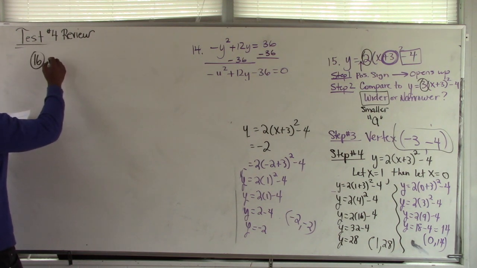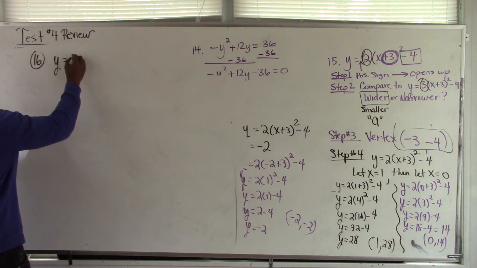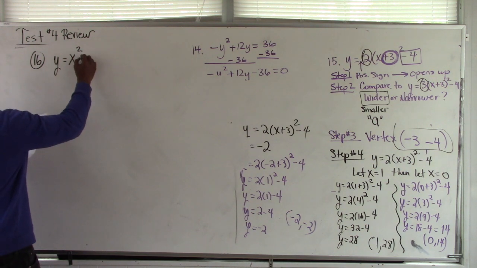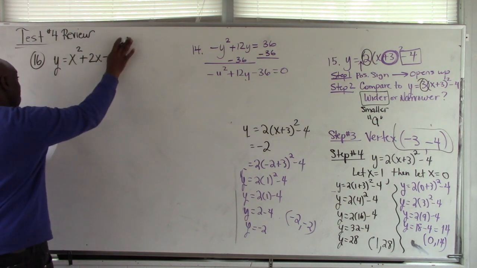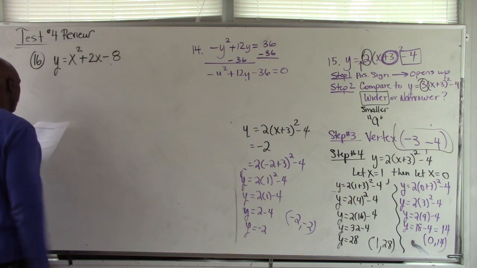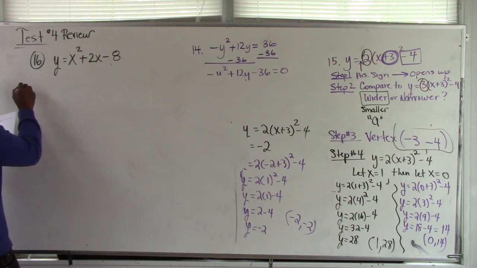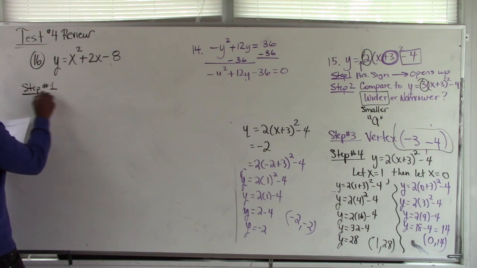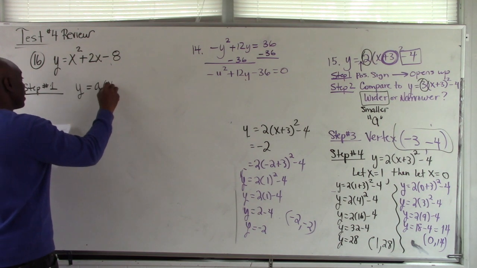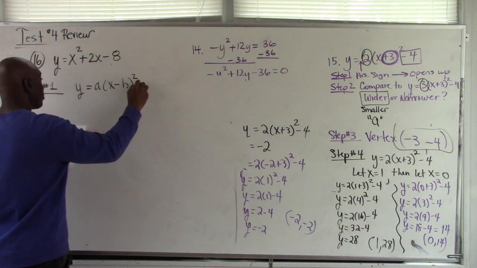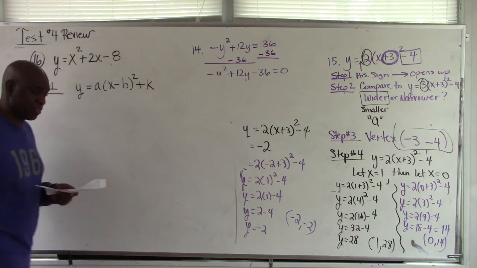We have y equals x squared plus 2x minus 8. Step 1. Write it in vertex form. y equals a times x minus h squared plus k. Write it in vertex form.